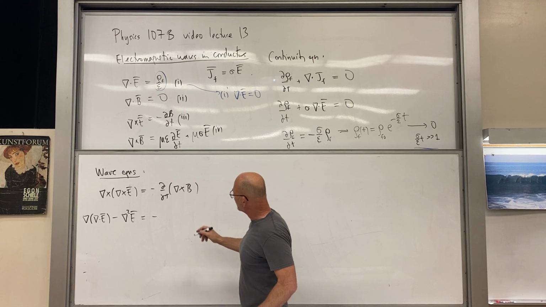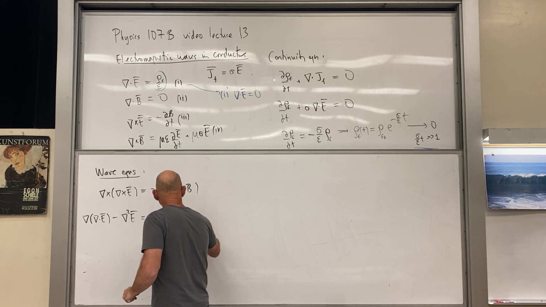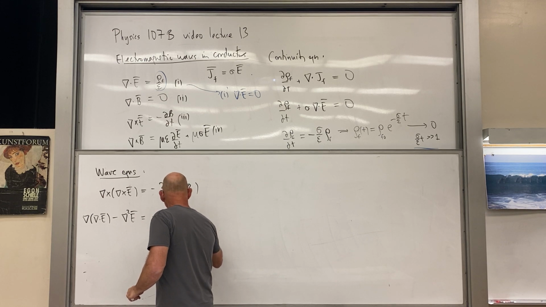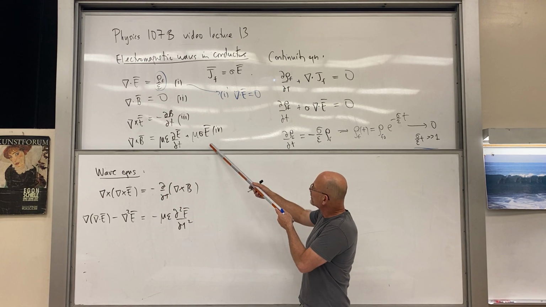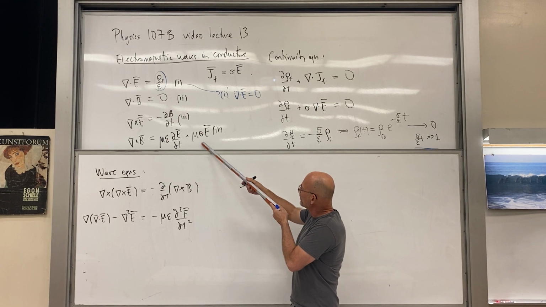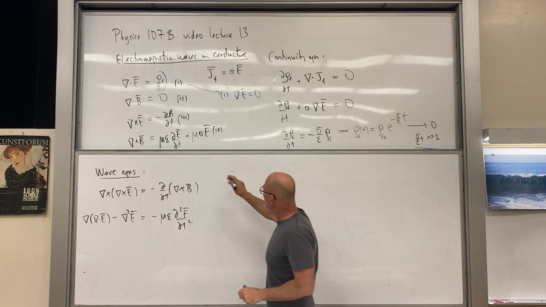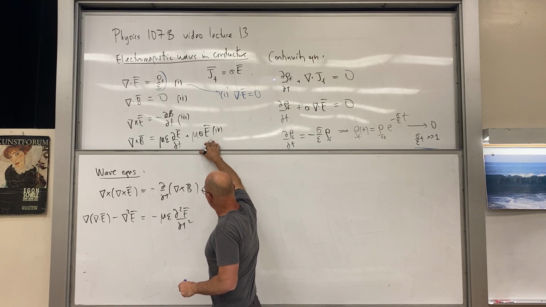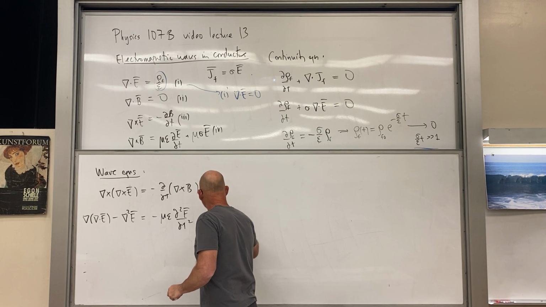So we'll be able to pull out mu epsilon, and we'll have d squared E dt squared. This one's also going to be in here. So mu sigma times, and since it's a time derivative, minus mu sigma dE/dt.